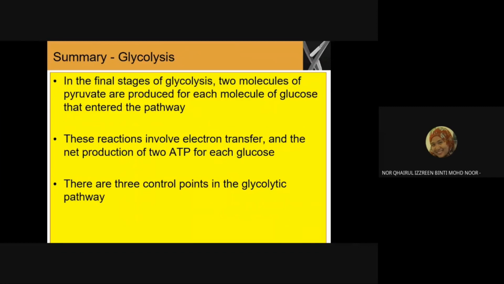This reaction involves electron transfer as well as the net production of 2 ATP for each glucose, and 3 control points in the glycolytic pathway.